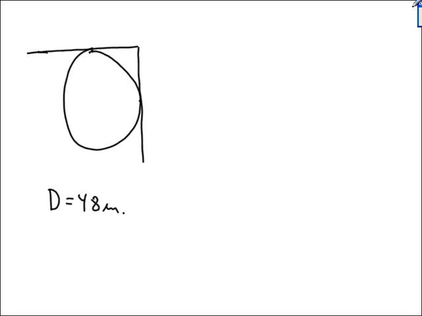And you want to know two things. Let's call this O, let's call this point A and B. You want to find OA, which is the radius, and you also want to find OB. You also want to find AB. If you find one of those, you know the other.